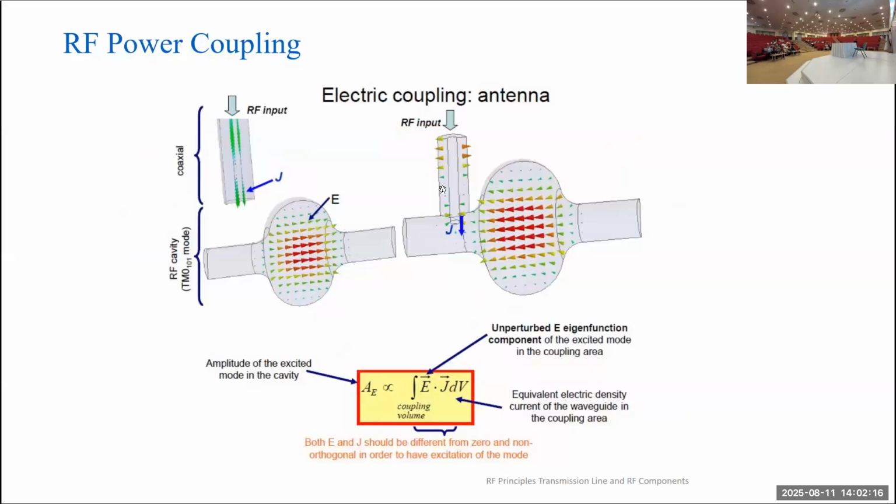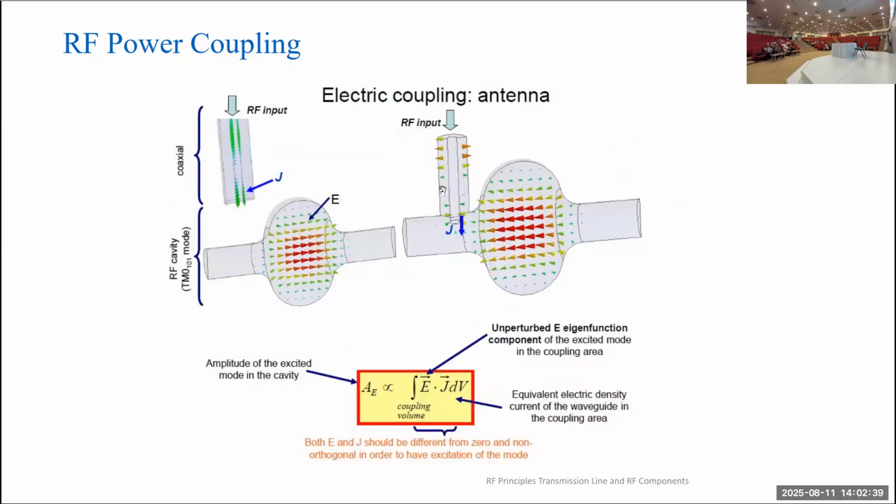Now, there are two types of couplings. One is electric coupling, the other is magnetic coupling. In electric coupling, if you are using a coaxial cable or antenna, then we insert the antenna at a point where the electric field is maximum.